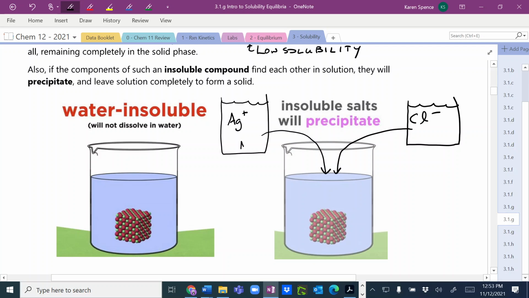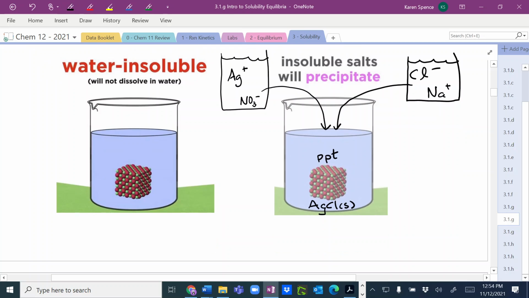NO3, because NO3 nitrate is soluble with everything. How about chloride? Who would be a good partner for chloride? Sodium. All right, and then we would have our AgCl solid precipitate. Okay.